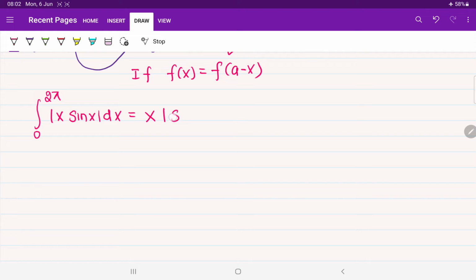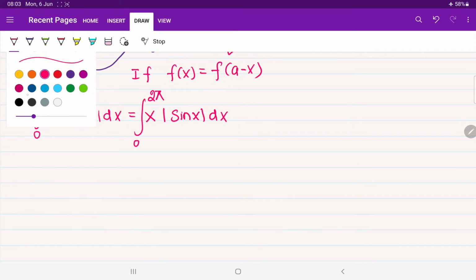It can be written as x into mod of sin x into dx, because there is no point of putting plus or minus for x, because x is always positive within the given interval. X will become negative only when you take a negative interval from minus infinity to 0. So here there is no point of worrying about x, it will always be positive within the given interval, so I am simply taking it out from the mod. The limit remains 0 to 2 pi.